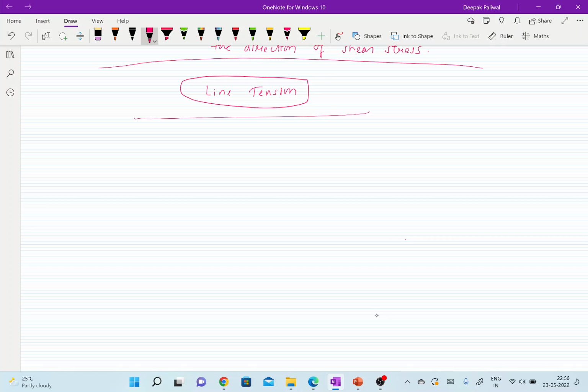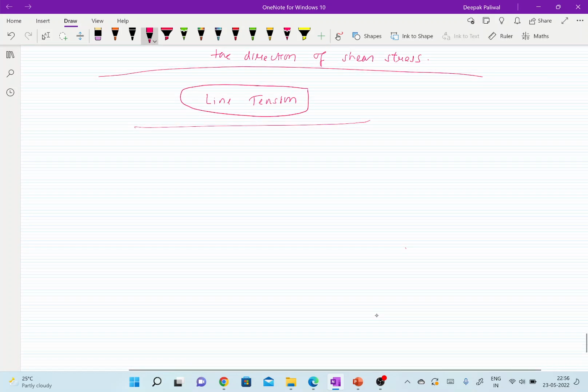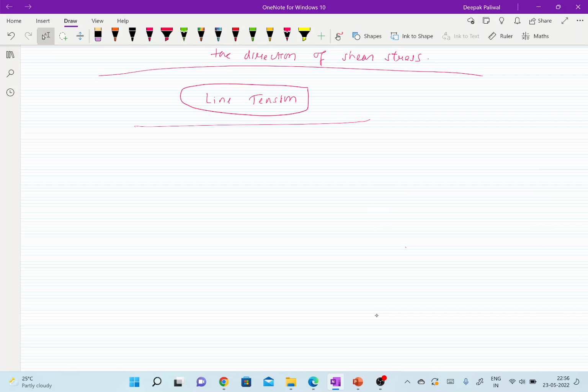So what does the line tension mean? When we increase the length of the dislocation, the energy of the dislocation is associated with that length. If we increase the length, then the energy of the dislocation will also increase.